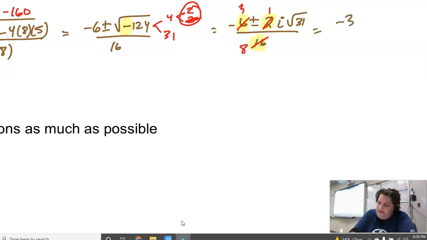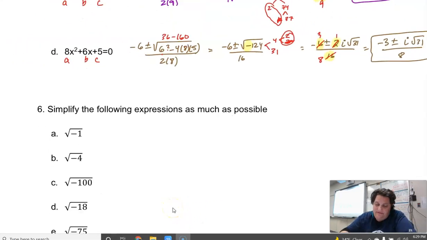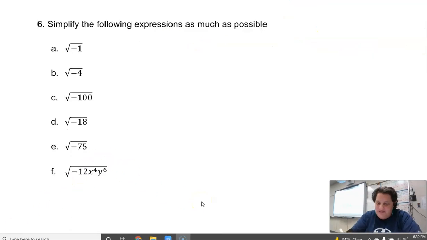Okay, so my answer will be negative 3 plus or minus 1i square root 31 over 8. So with your quadratics, you can have imaginary numbers too, if it turns out like that. All right? All right, guys, let's take a look at number 6.